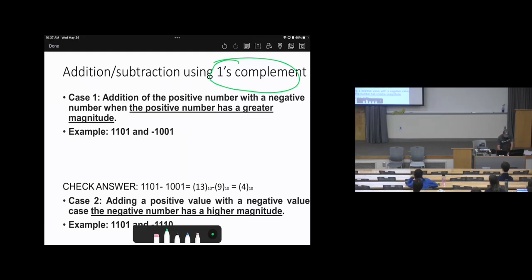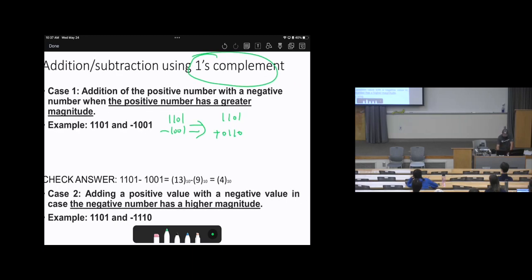So it's 1101 minus 10001. We can find the ones complement for this part. The ones complement will make it positive, so it will be 01110. Do you agree with me on this?